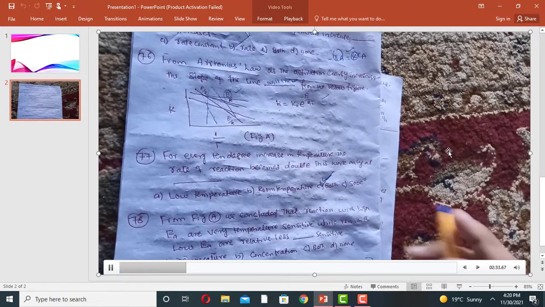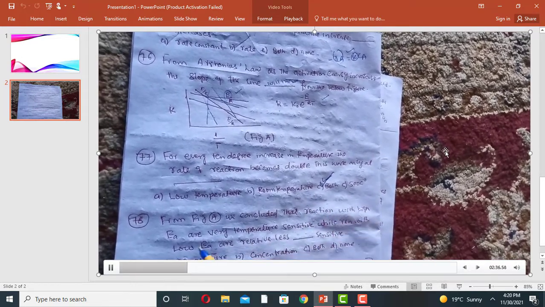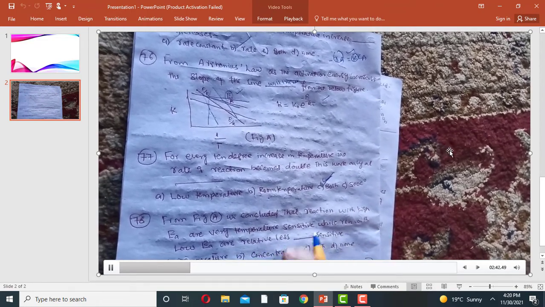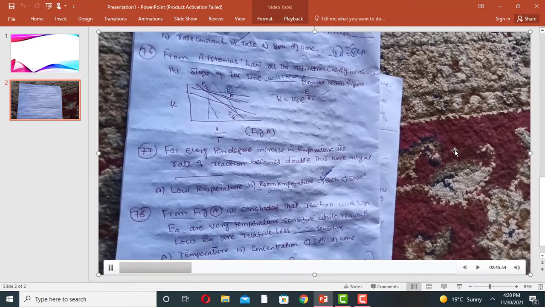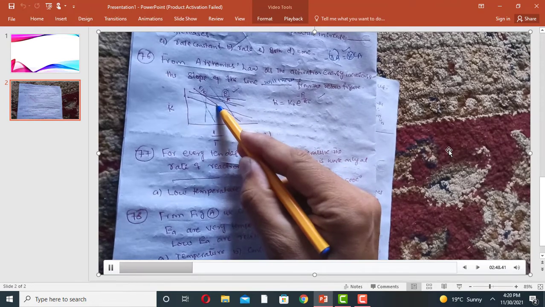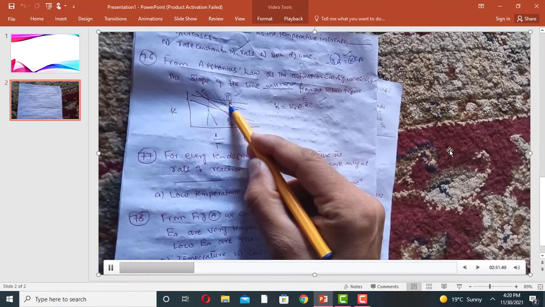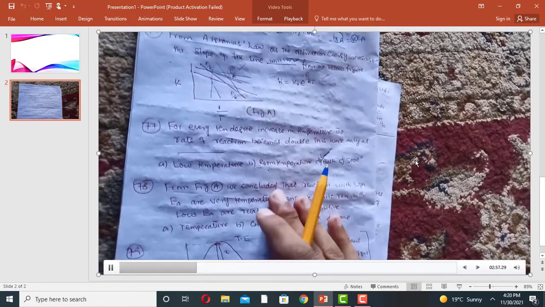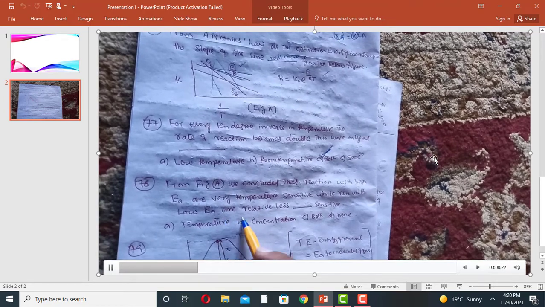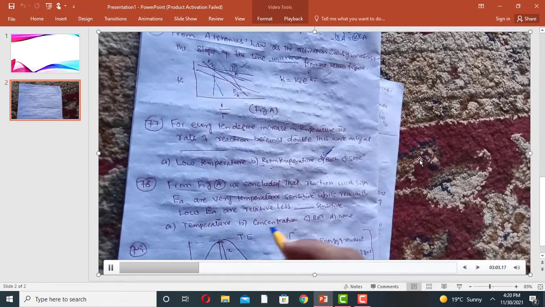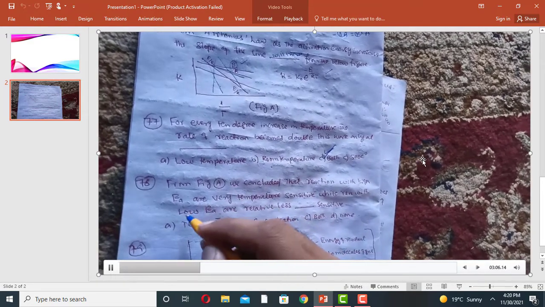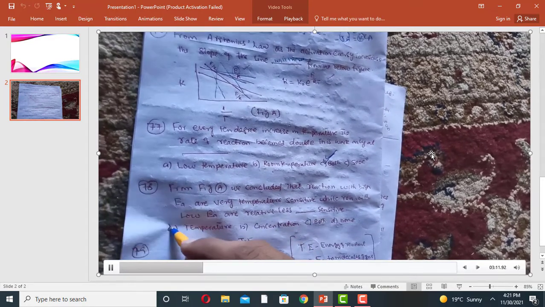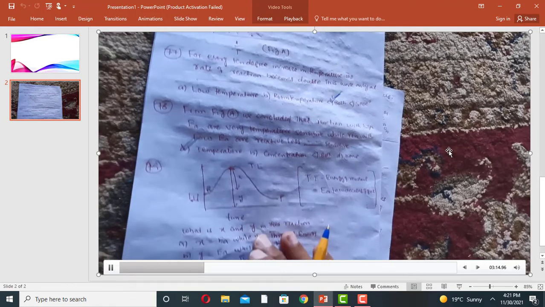Reactions with low activation energy are relatively less temperature sensitive. So reactions with high activation energy are very temperature sensitive, while reactions with low activation energy are less temperature sensitive. So temperature is the correct option.